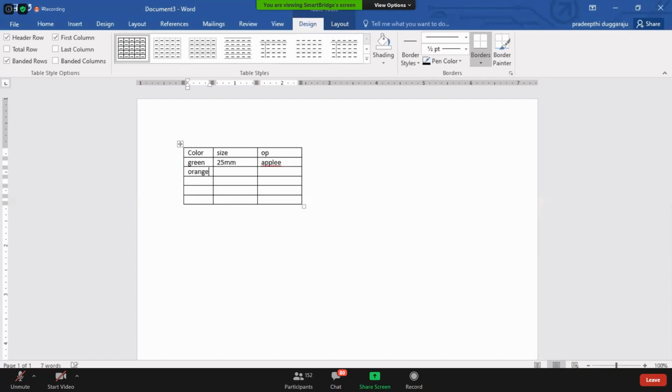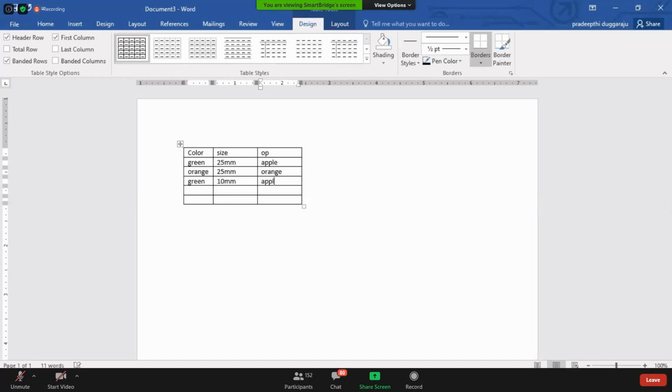Orange. It is also 25 millimeters. And this is orange. Now you have another one which is in green color, and this is like 10 millimeters.